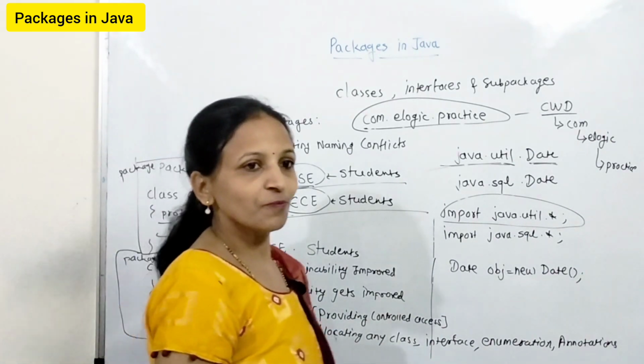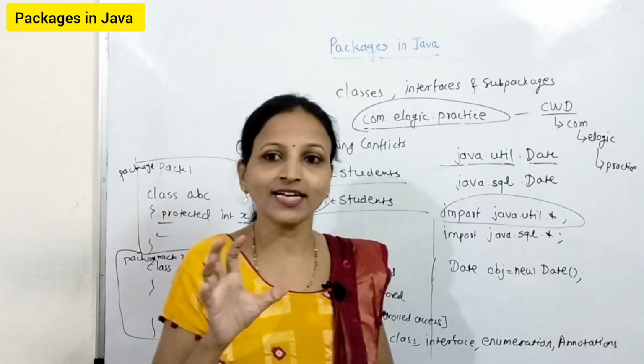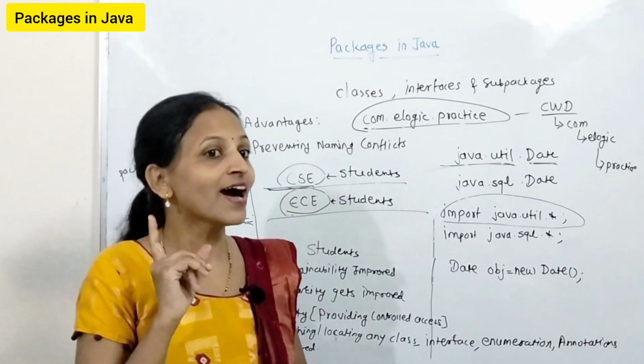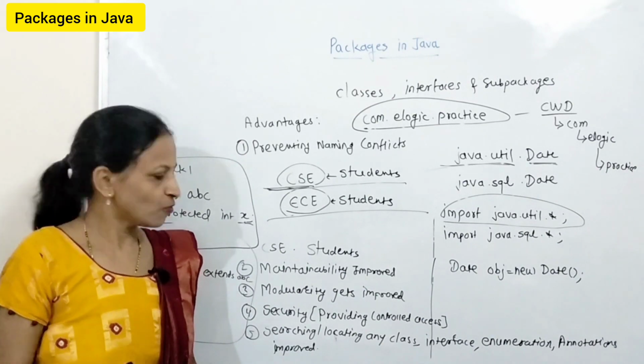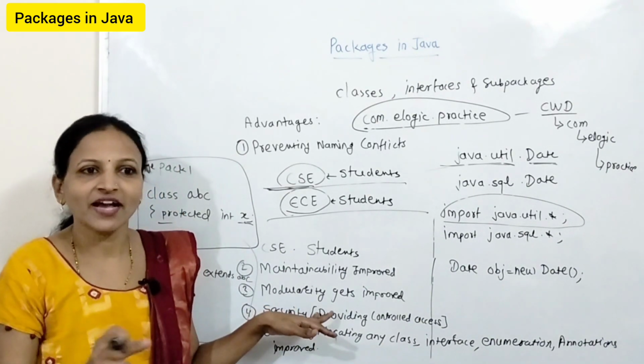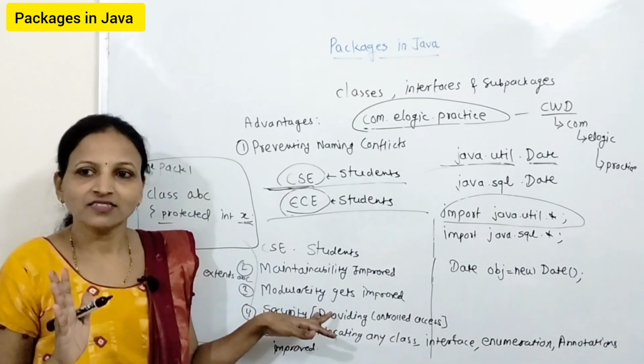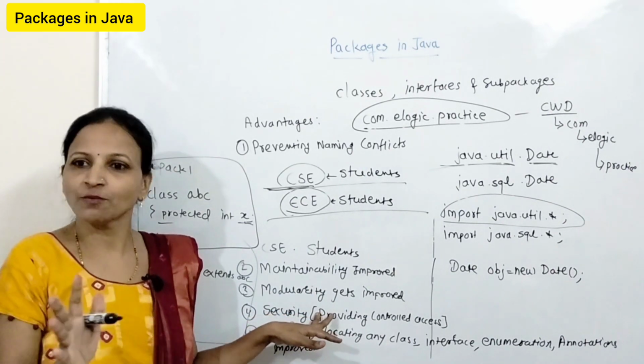And because of packages we are achieving data encapsulation and data hiding. How data hiding? We can provide security to data because of the package access modifier, meaning the default access modifier, and the protected access modifier.